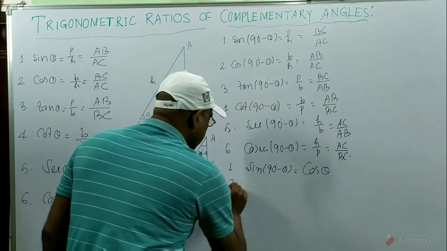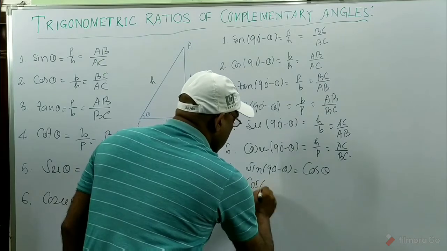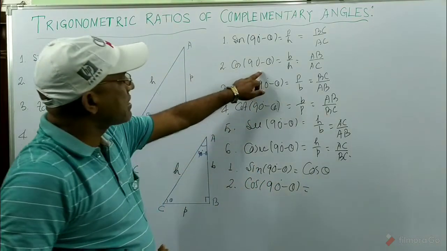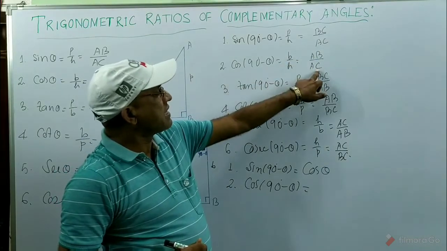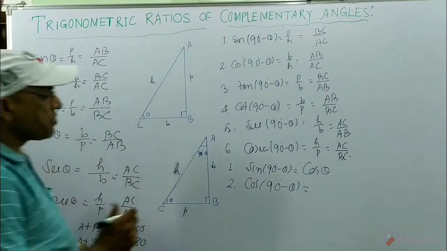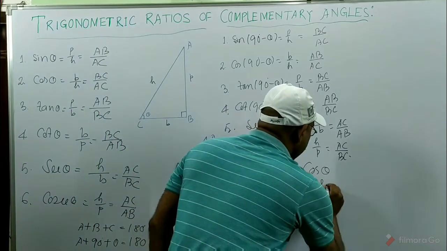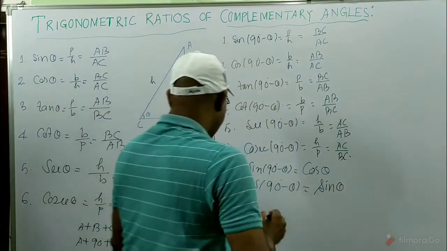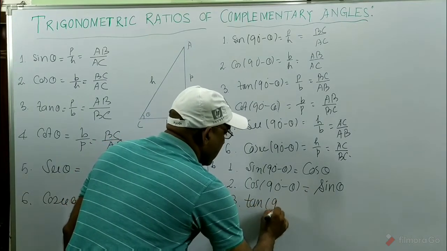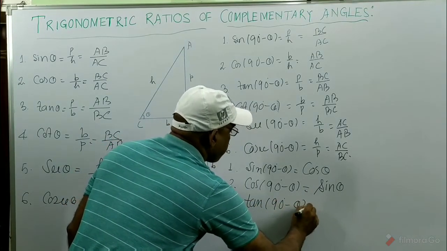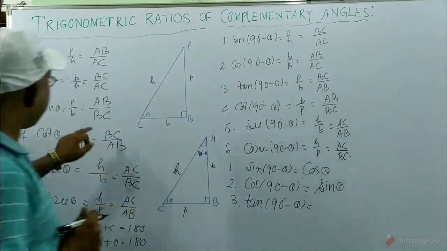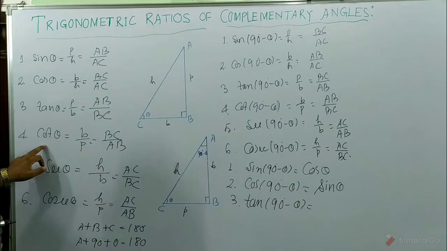Number 2, cos 90 minus theta is AB by AC, and AB by AC means sin theta. So we get sin theta. Number 3, tan 90 degrees minus theta is BC by AB, and BC by AB means cot theta.